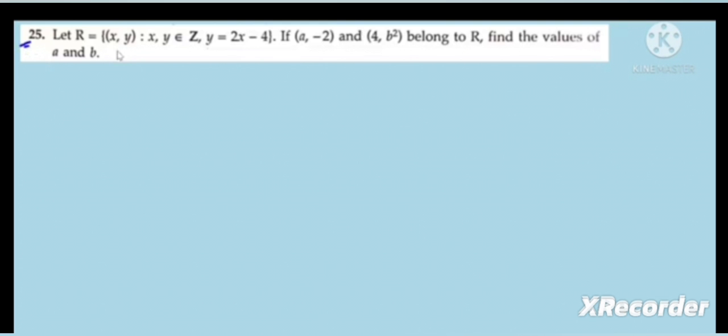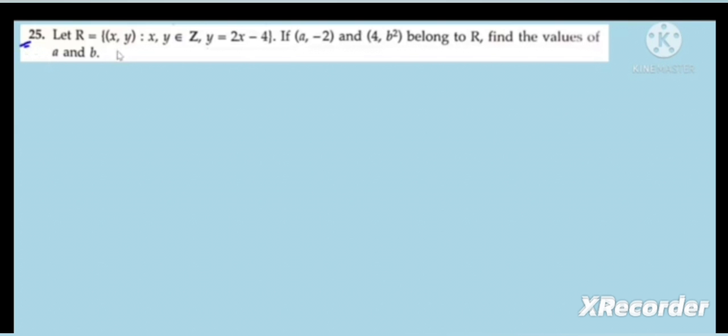In this sum, it is given that R is a relation containing x and y such that y is equal to 2 times x minus 4. And it is also provided that two elements (a, minus 2) and (b, 4 square) belong to the set R. We have to find the values of a and b.